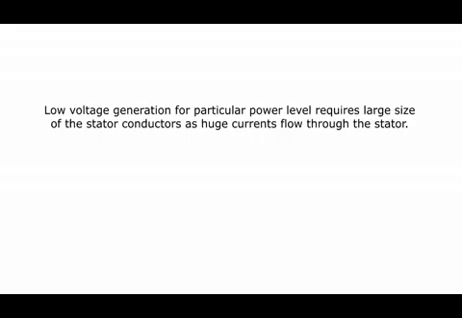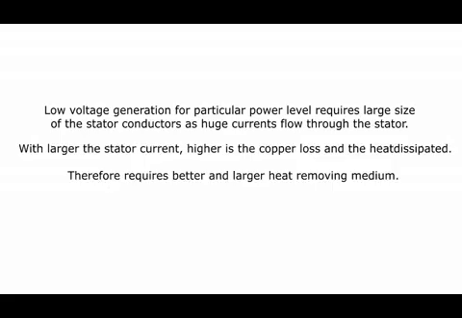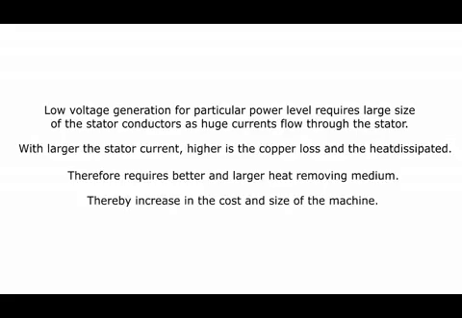The reason is that low voltage generation for a particular power level requires large stator conductors, as huge currents flow through the stator. The larger the stator current, the higher the copper loss and the heat dissipated. Therefore, it requires a better and larger heat removing medium, thereby increasing the cost and size of the machine.